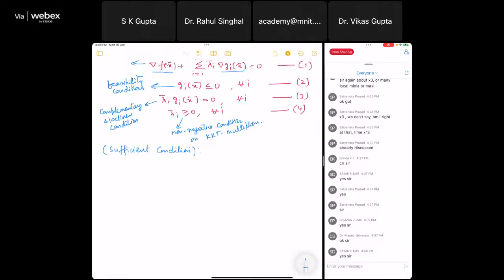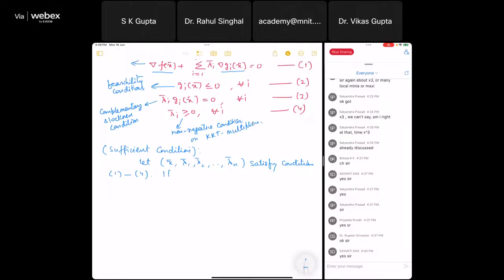Basically, let x bar and lambda 1 bar, lambda 2 bar, and so on, lambda m bar satisfy conditions 1 to 4 above, these KKT conditions.